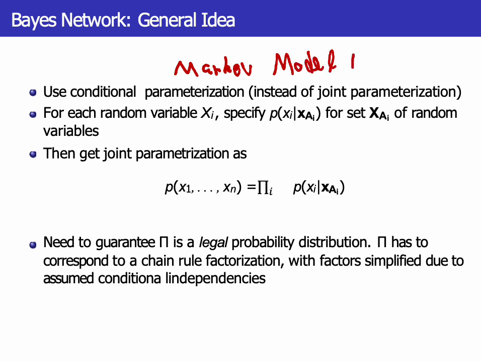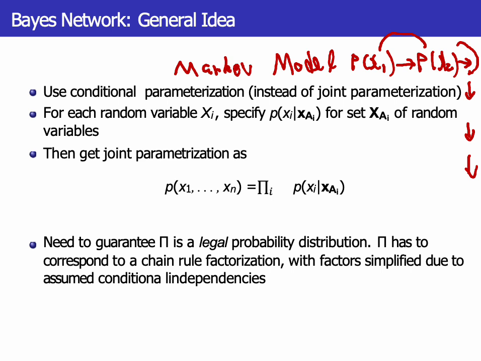So you have P(x1), P(x2). The process goes one by one. x2 only depends on x1, x3 only depends on x2.